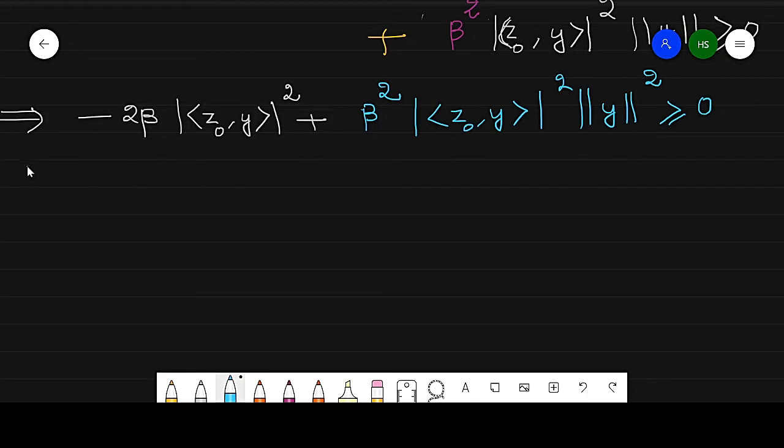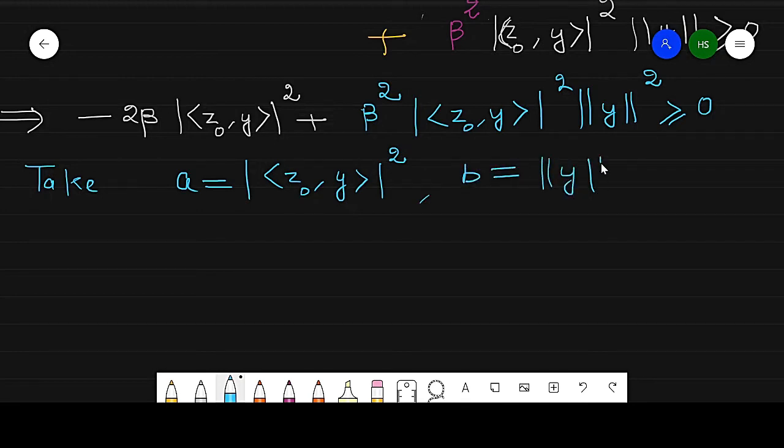So I take this as A. What is A? A is the inner product of z0 comma y raised to power 2. It is a positive real number. Similarly B is equal to the norm of y raised to power 2.